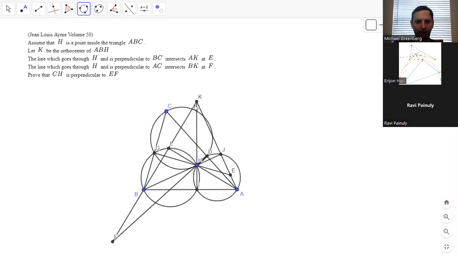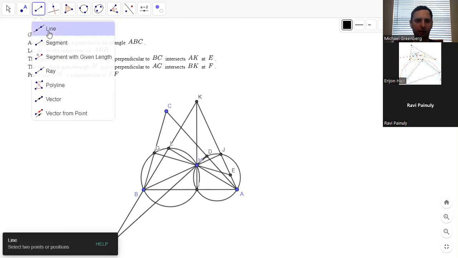And this is cyclic. So we have a lot of circles. I'm going to hide those circles because I feel like it might make it confusing. We can calculate the angle that CH makes with DG. Can we find the angle DG makes with EF?